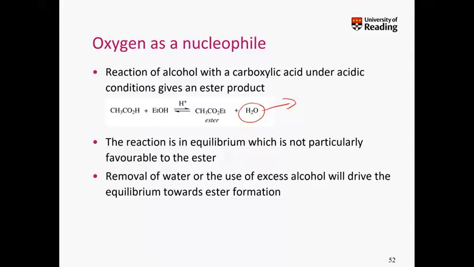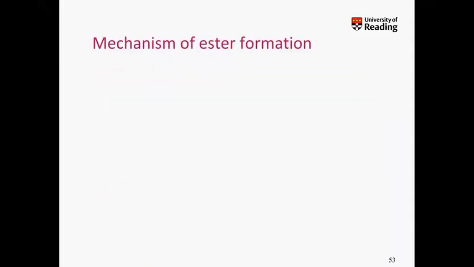Okay, so let's have a little look at the mechanism of ester formation. First of all, just changing the colour of the pen. If we have our carboxylic acid, we've got our OH group here. We know that there are acidic conditions, so we have our H+, and we do the standard reaction of the lone pair of electrons off the oxygen onto that proton.